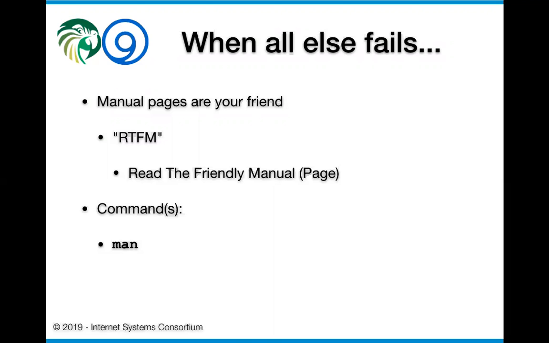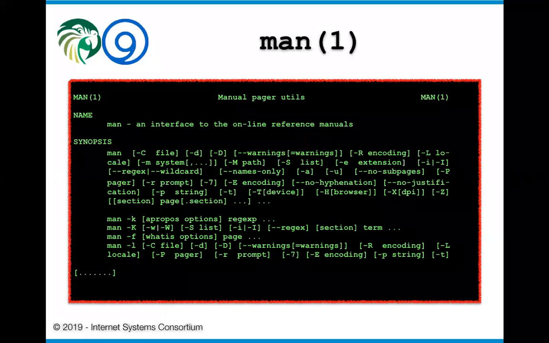And in this case, the command that I'm talking about is the man command, and that's short for manual. So if you type man space man, it gives you the manual page about the man command. If you want to know the manual page about the Kea DHCP v4 server, then you would type man and then kea-dhcp4.